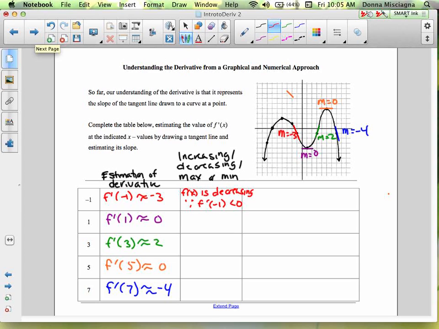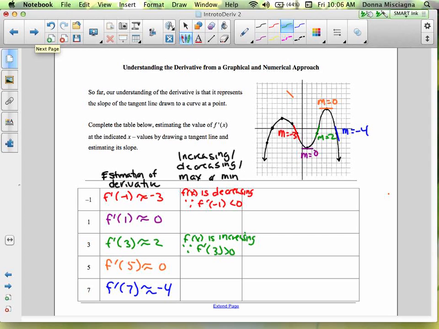Let's fill in all the ones that aren't 0. And so let's fill in f of 3. All right, so notice f prime of 3 is 2. That's a positive number. So f of x is increasing because f prime of 3 is greater than 0.